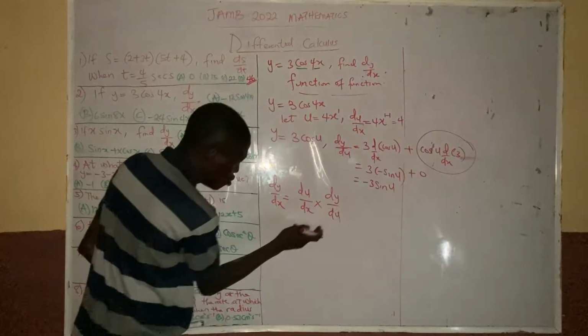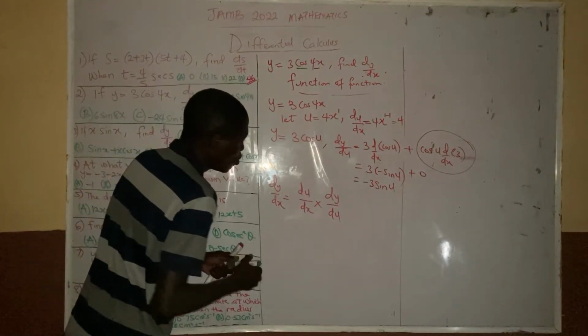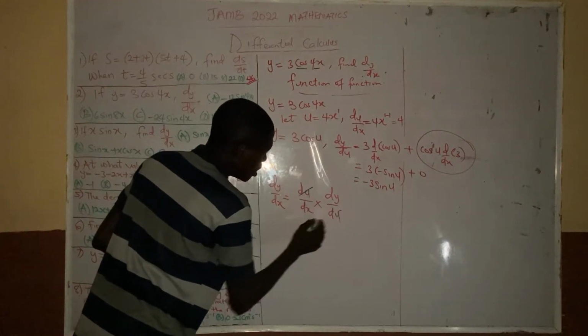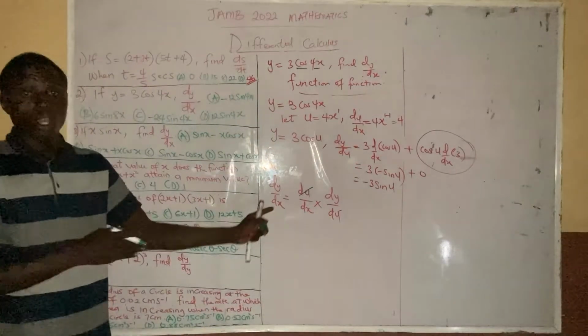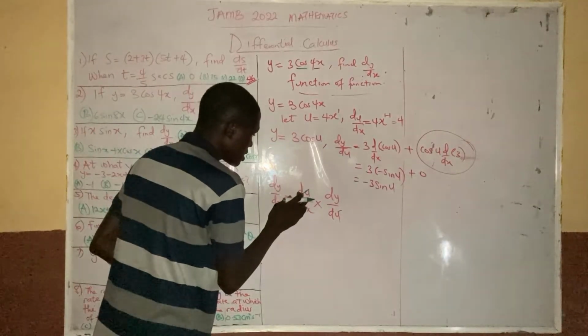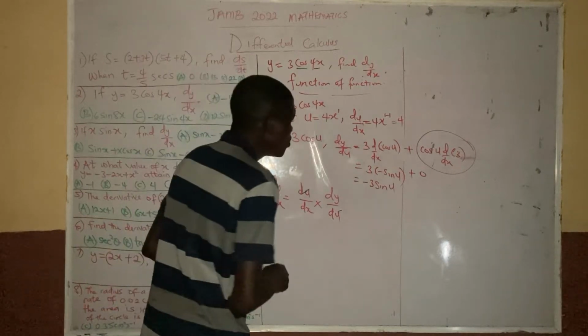Now you can see du will cancel du. So I'm still going to have dy/dx back.